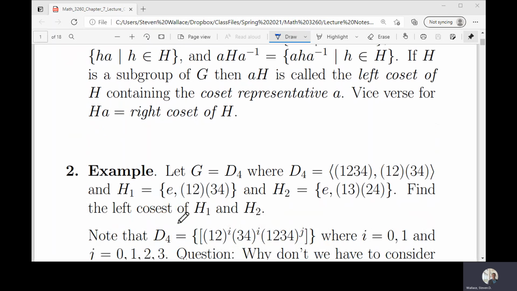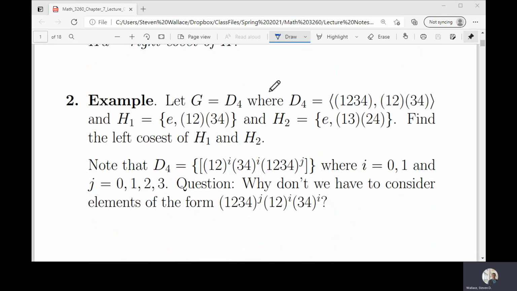So for example, let's let G be the dihedral group D4. And I'm going to use some notation coming from chapter 26, from generators and relations.